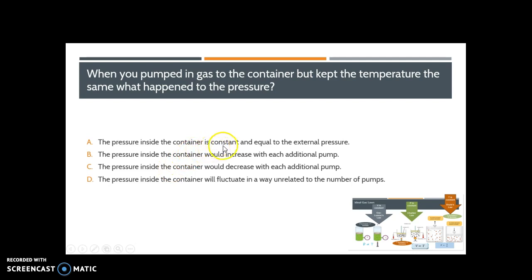Is it going to stay constant? Is it going to increase, decrease, or fluctuate? Remember, with Boyle's Law, it's saying over here in the corner, it's pretty small, but it will say that if temperature is constant, volume increases, pressure does what? It's the inverse, or opposite.